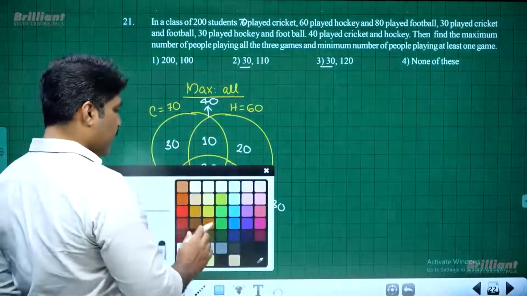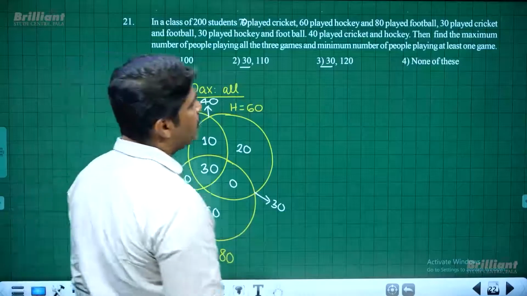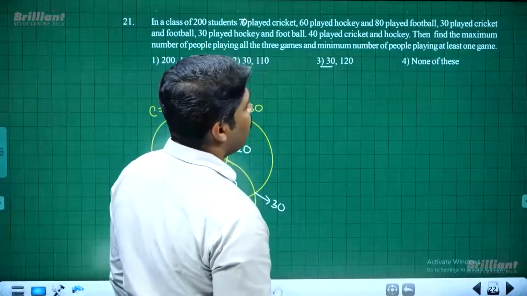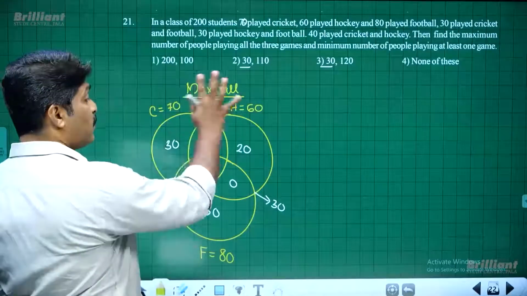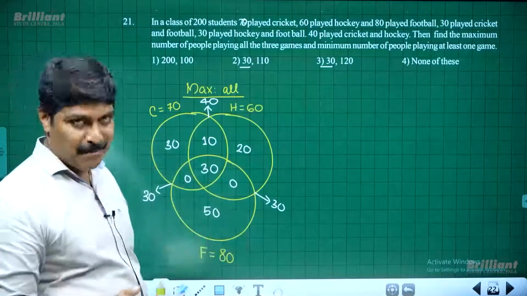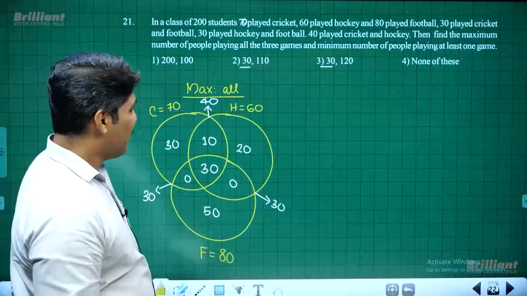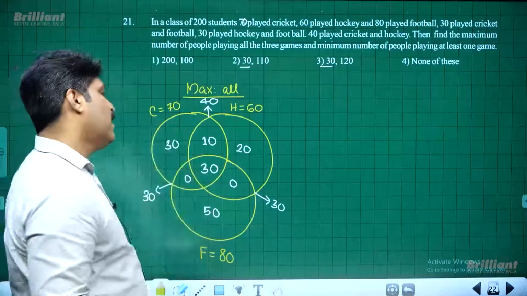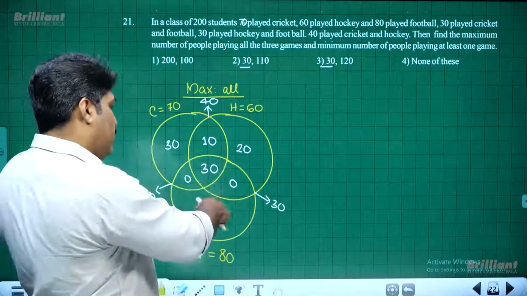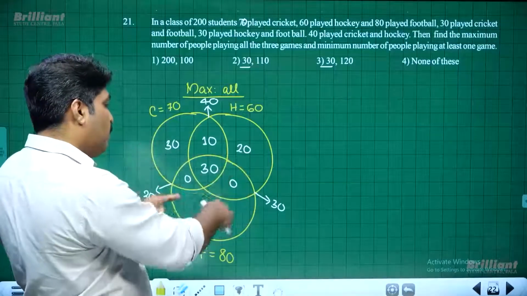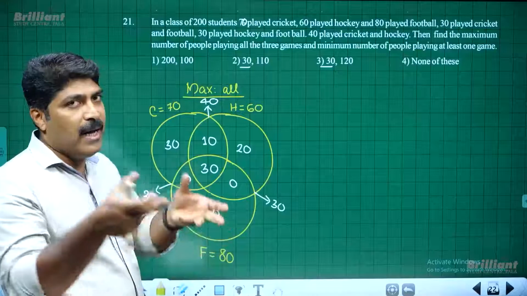Then we are moving to the second possibility. So what is the second possibility? That is the minimum number of people playing at least 1 game. Minimum number of people playing at least 1 game means this total sum should be minimum. So what is the requirement there? We want this total sum to be as small as possible, so the distribution of these values, the extended values, should decrease.